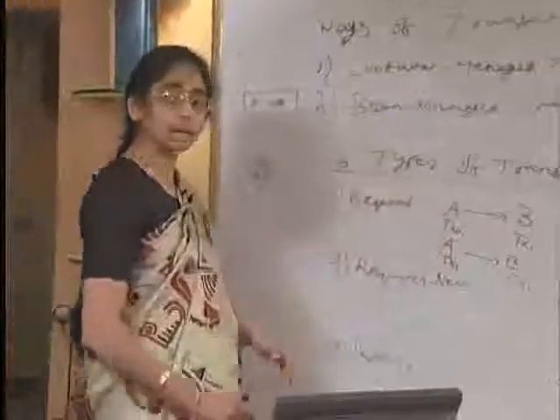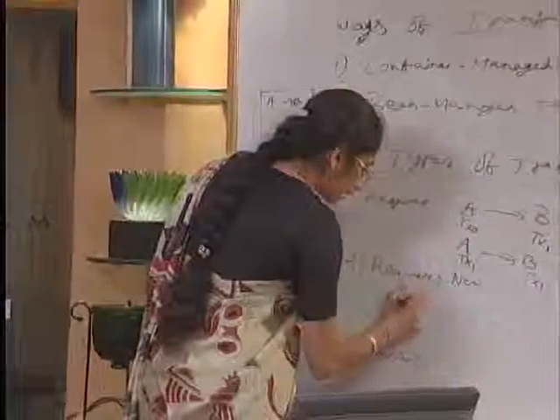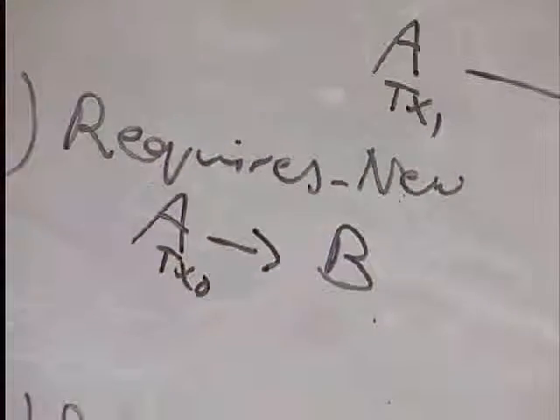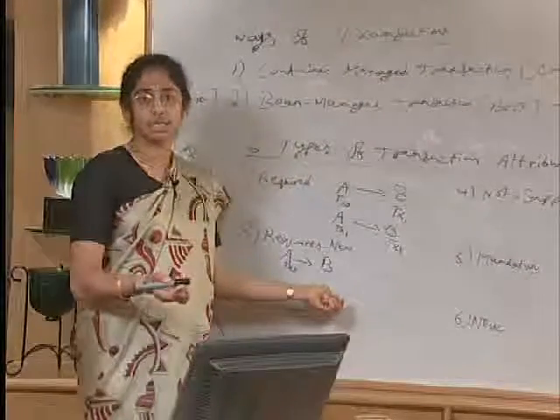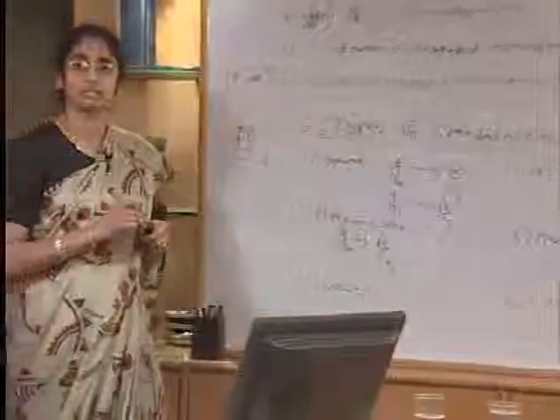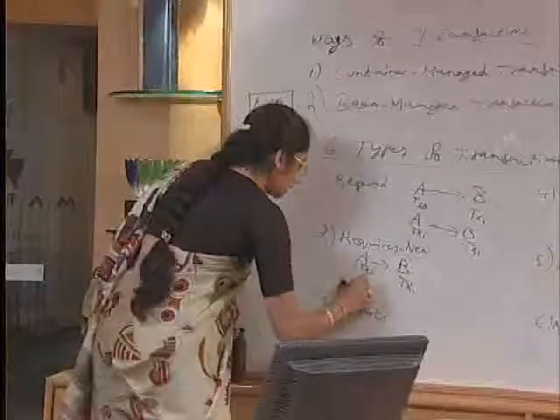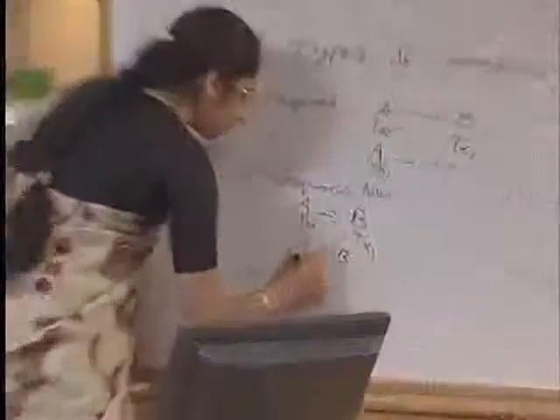Now let's look at requires new. With requires new, let's assume A is not under a transaction context, calls B, which has been specified with requires new. It means if there is no transaction context, I still need a transactional context, so it creates a new transactional context within which B executes. But let's assume that A is under a transaction context, and B says requires new.